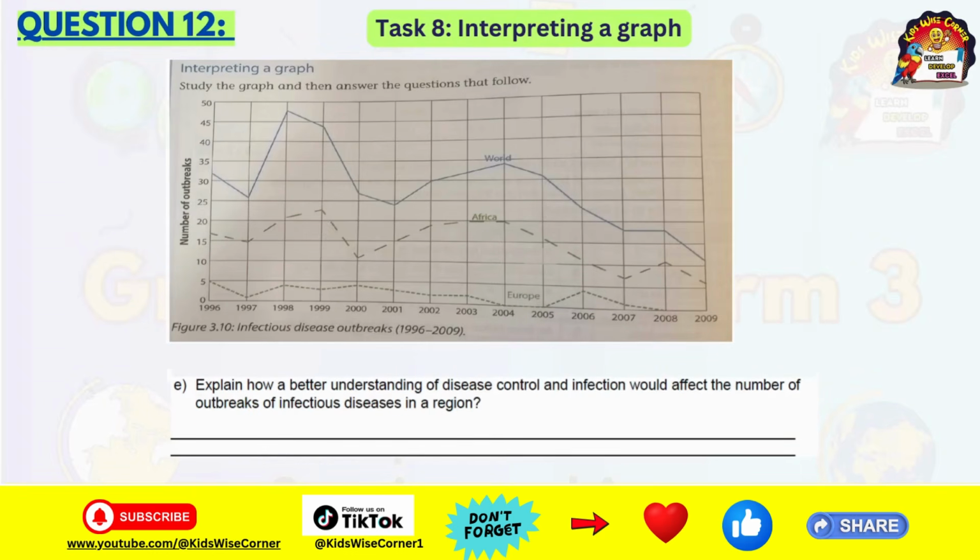Explain how a better understanding of disease control and infection would affect the number of outbreaks of infectious diseases in a region.